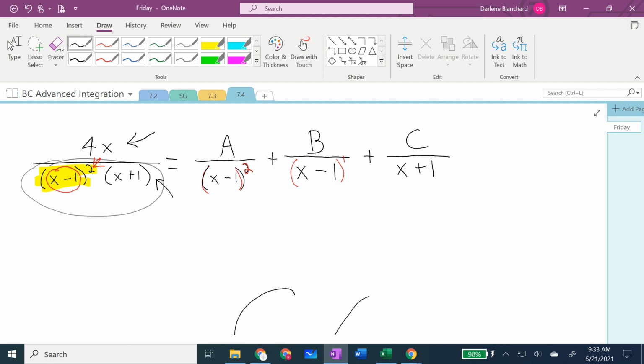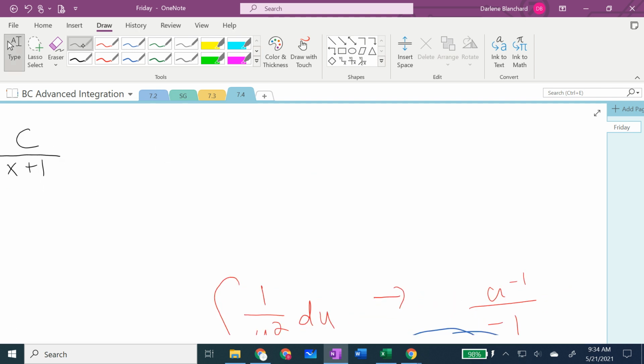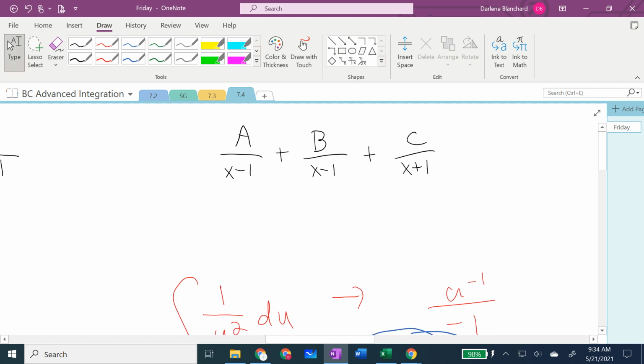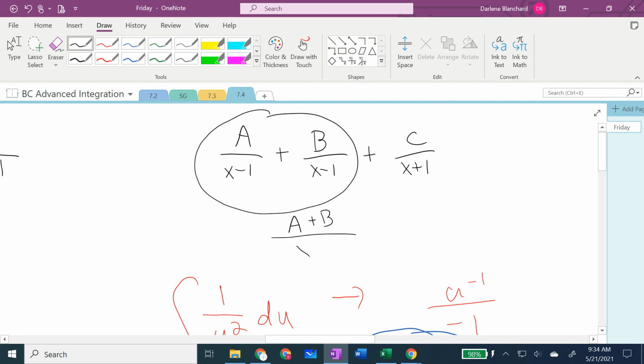Then from here, yeah? Miss Parker, can I have a question? Yes. Why can't we just do x minus 1 in one of the denominators and x minus 1 in another? Okay. X minus 1 squared. Okay, let's take a look at that. If this is what I have, these two can be combined to give me a plus b over x minus 1.